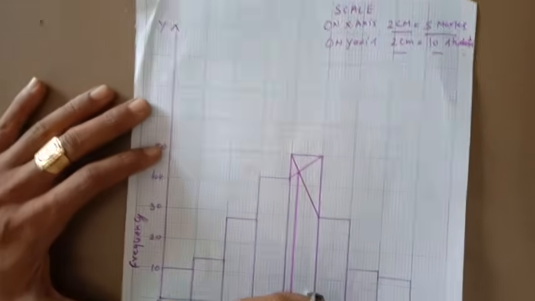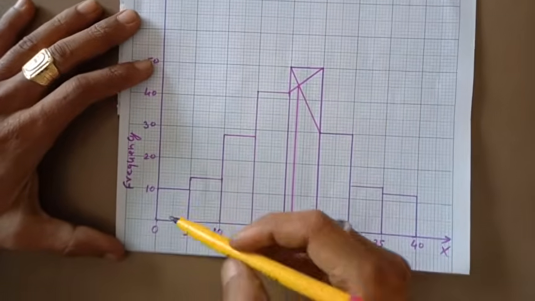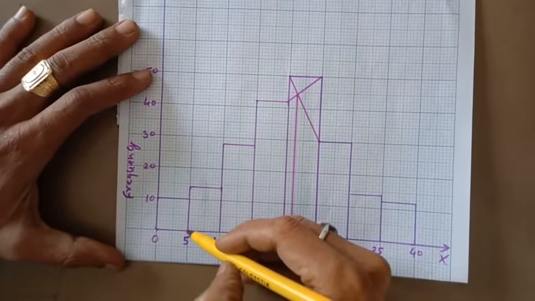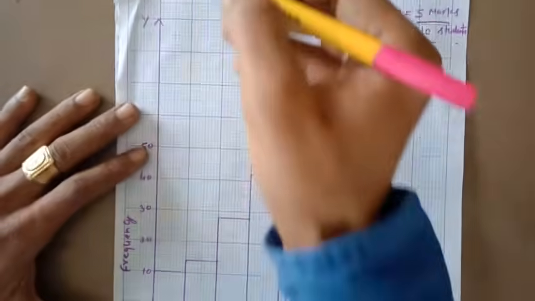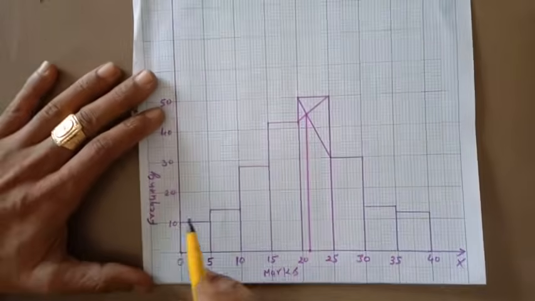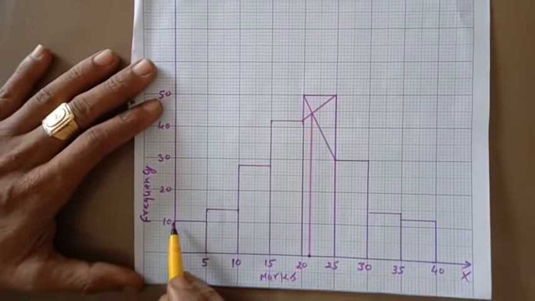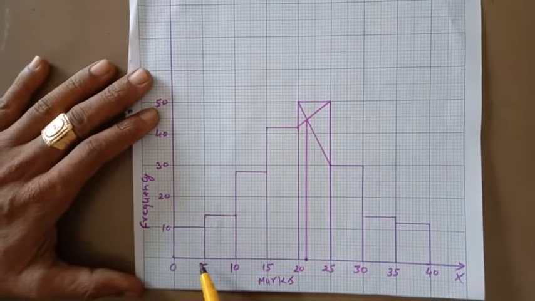So for the first histogram, that is rectangle, we have to make rectangles. We can see 0 to 5 till here. We make a rectangle whose height is equal to the given frequency 10. So here we have the frequency 10, and till here we make this rectangle.